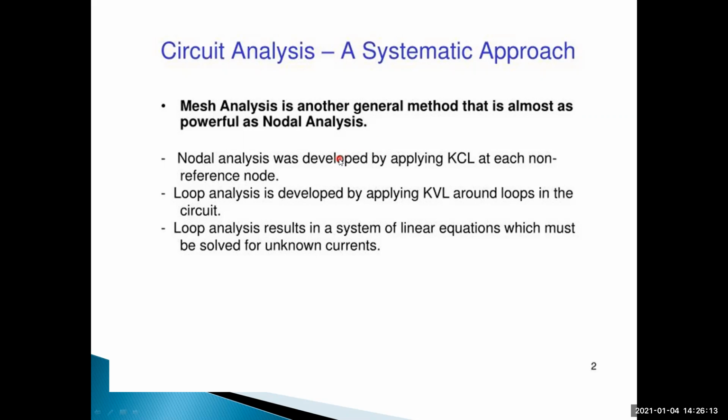Node analysis has more equations, but mesh analysis gives easier equations. Node analysis was developed using KCL and loop analysis using KVL. Loop analysis results in a system of linear equations which must be solved for the unknown currents. In node analysis, we get the equations in the form of voltages, that means V1, V2, V3. We have to find node voltages in node analysis. In mesh analysis, we have to find the loop currents. It's clear. Understood?